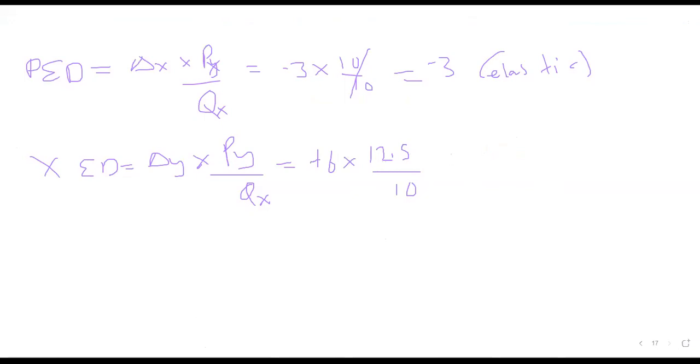What do we get when we compute there? So 6 times 12.5 divided by 10. What are we getting?